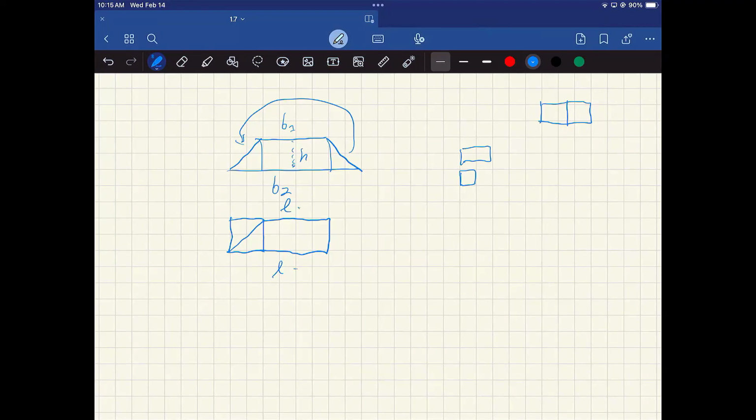Here we need our L's to be the same. So what we do is we say base 1 plus base 2 divided by 2. That's where we're putting them together and cutting in half so we get the same on both. And we're going to multiply that times the height.